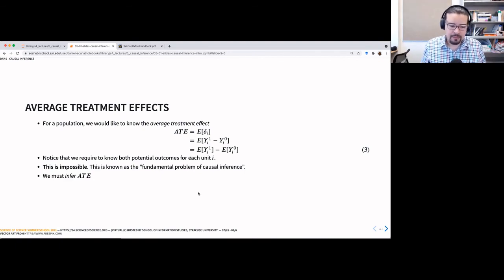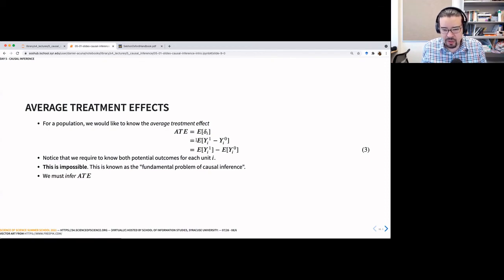So Jin Chuang was talking about the average treatment effect, and that's simply the expectation. So we take all our subjects in our data set. What is the expected difference between the potential outcome of applying the treatment minus the potential outcome of not applying the treatment? And expectations work in the following way.